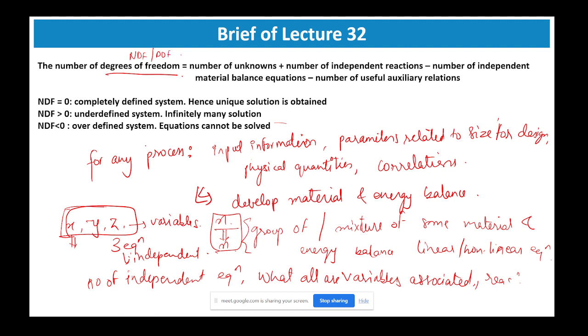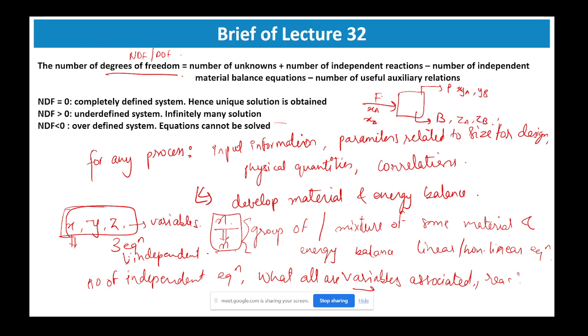So, for example, if your process is taking place and you can develop the equations, and the variables are more, then you need to give certain information related to the process externally. For example, if this is any process occurring, with feed XA, XB, there will be product P, YA, YB, and there will be byproduct B, let's say ZA, ZB.